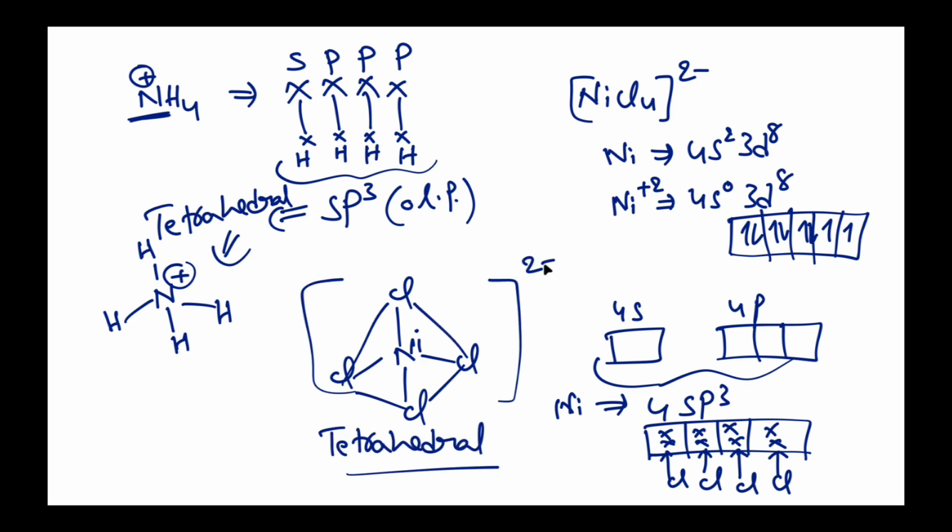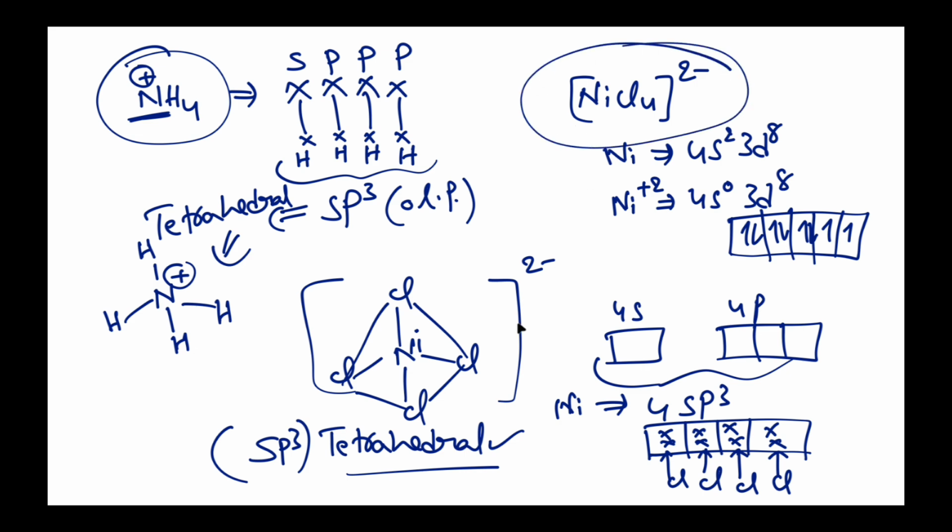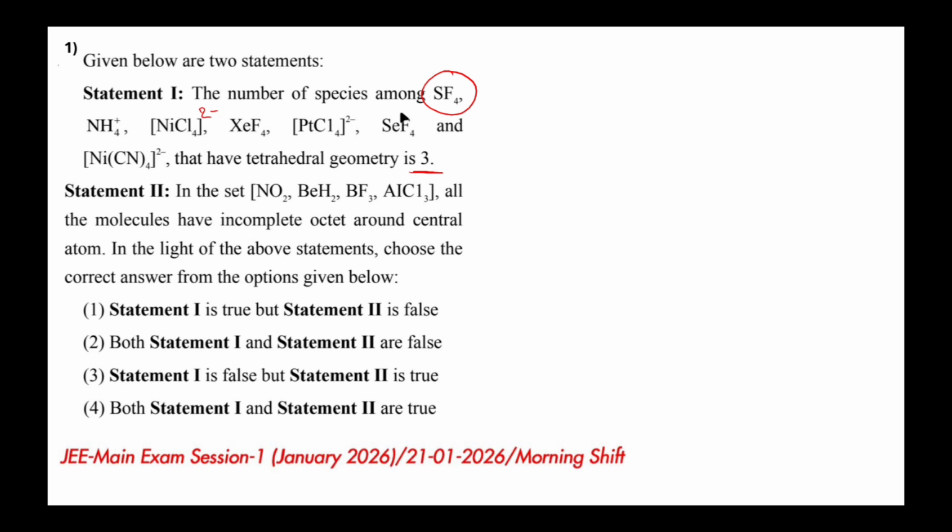So NH4+ and NiCl4 2- both have tetrahedral geometry. Here SF4 and SeF4 are seesaw arrangements. So NH4+ and NiCl4 2- both are tetrahedral arrangements.